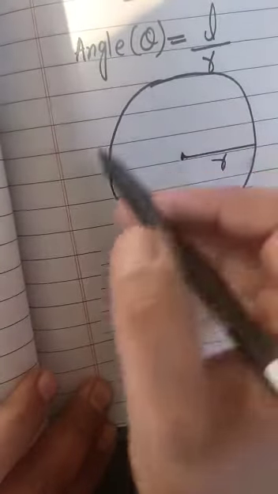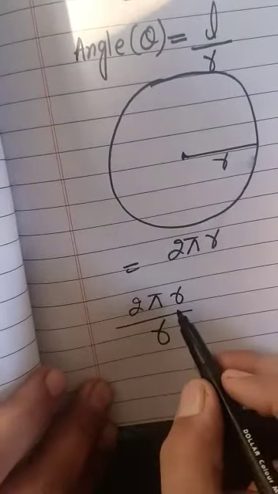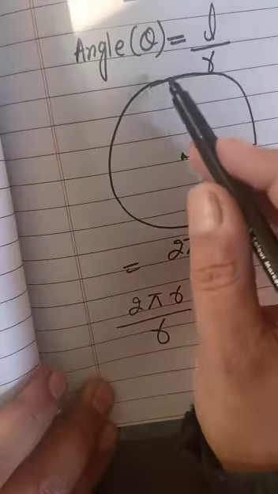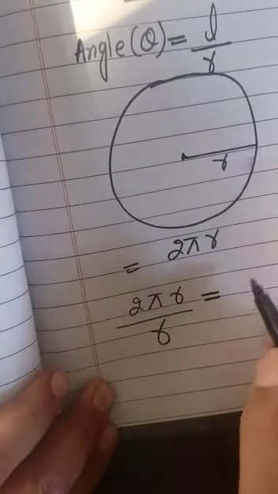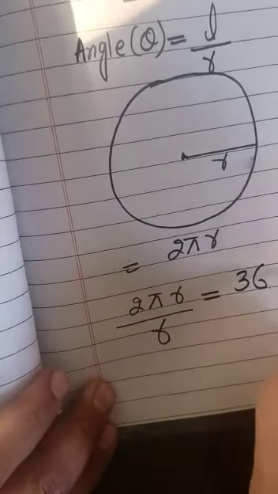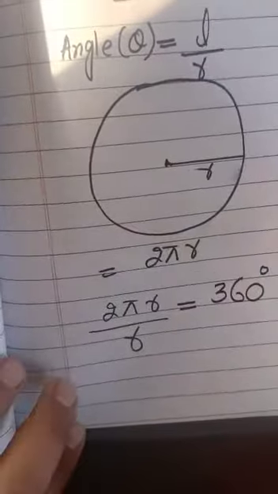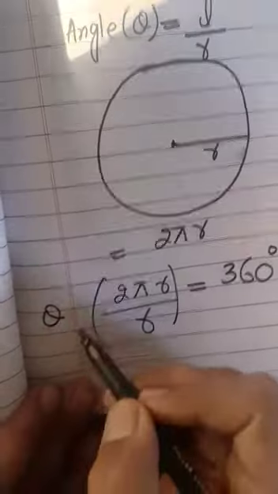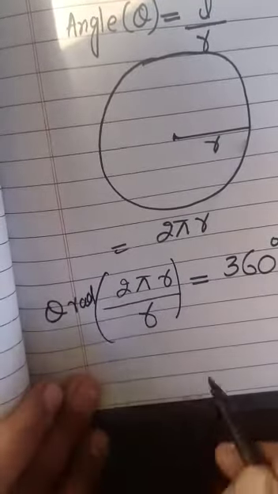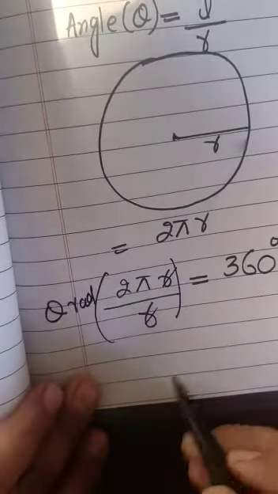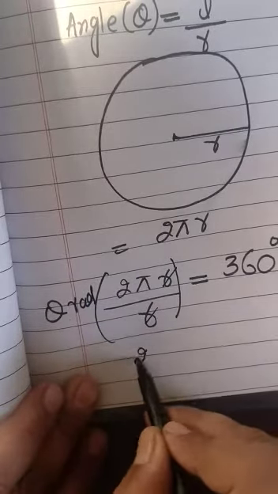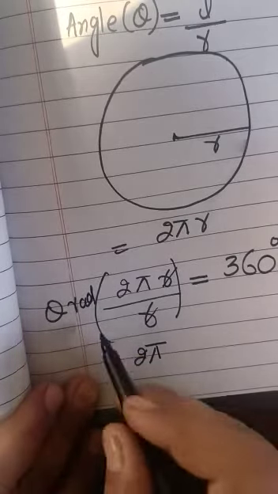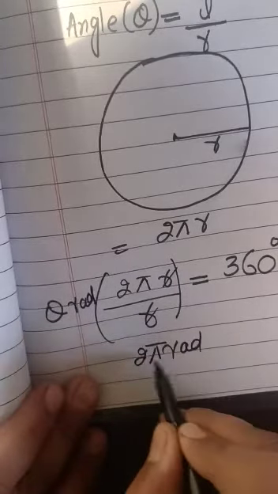Now we have a whole circle, so we take 2 pi r divided by the radius is equal to, we know that in a complete rotation of the circle we have how many degrees? We have 360 degrees. So we can write this as theta radians. Now r and r will cancel each other, so we will get 2 pi radians.